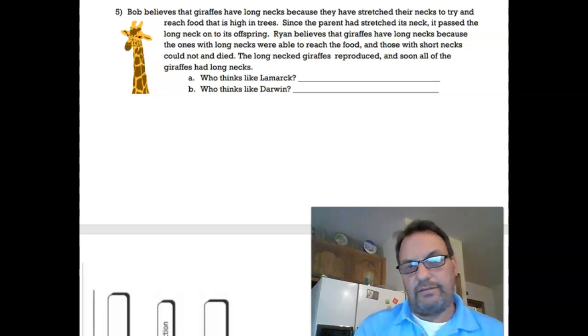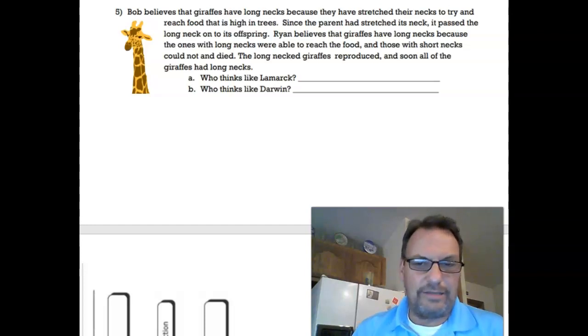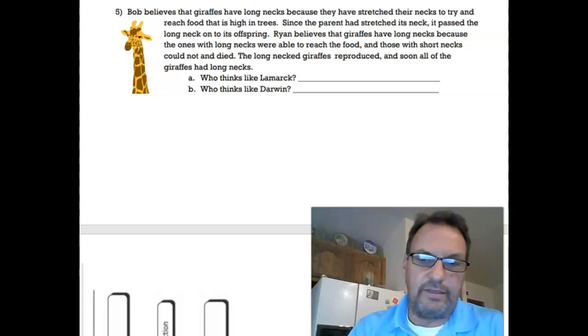We know that Lamarck came before Darwin, so when Darwin was young, he actually studied Lamarck's theory, and he said, I don't know that I buy that. And so he thought that there was a better explanation for how things change over time.